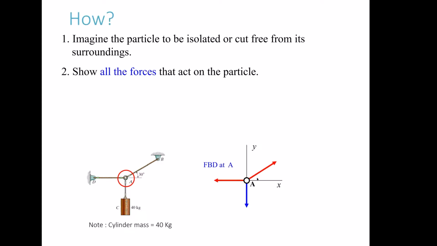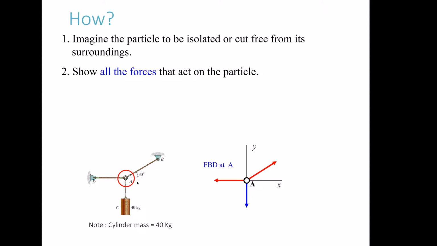Here's our free body diagram at A. We're just looking at it from A's perspective. These are just cables, so if there's some tension pulling from this point at A and up, there'll be an equal and opposite one pulling from here down. It's the same cable, so it's going to have the same tension in it. It's just that from B's perspective, it seems like a force pulling it down.